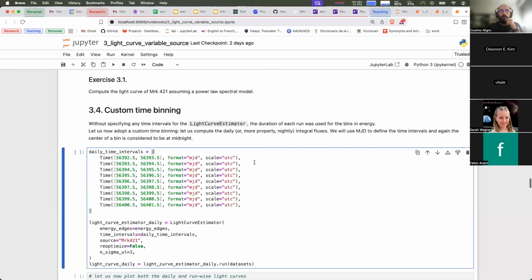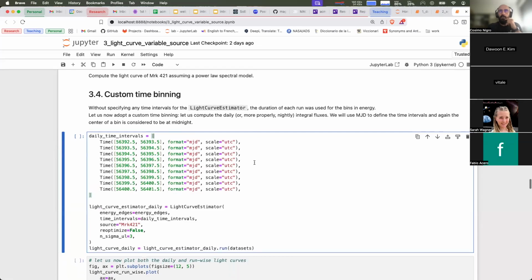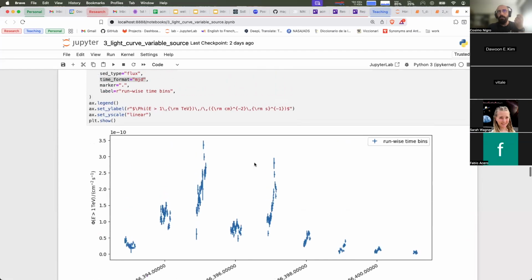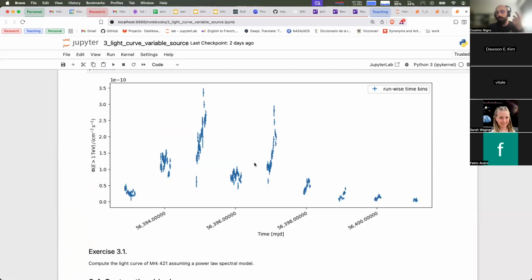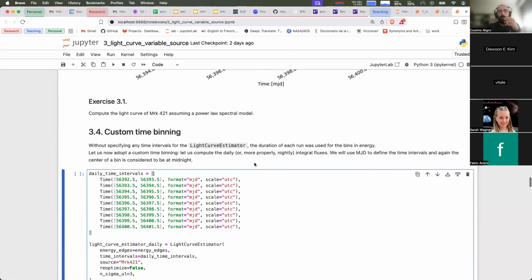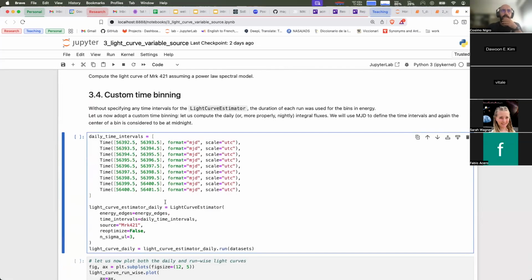Okay, I wanted to do something more interesting, which is play with the time binning, right? Because maybe we want to study the variation of the source over a predefined time scale, because we have some physics in mind. For example, we are thinking of some physical process that should manifest over daily time scales or over minute time scales. So perhaps we want to adjust the flux measurement to larger or smaller binnings. And what I suggest here is to do daily binning, okay?